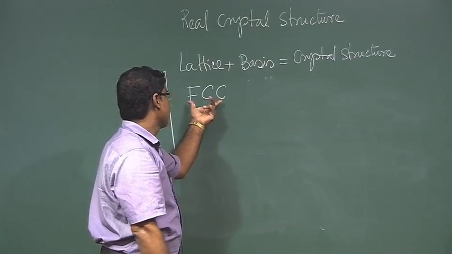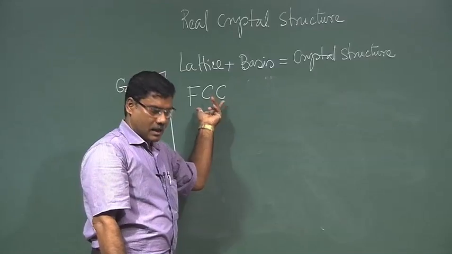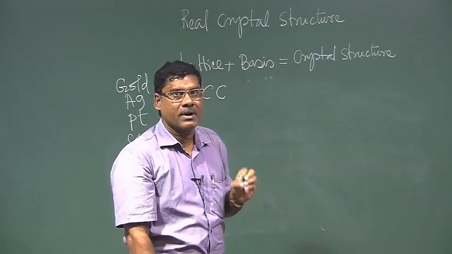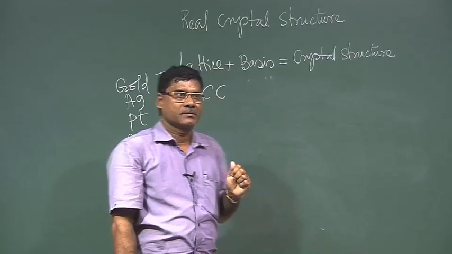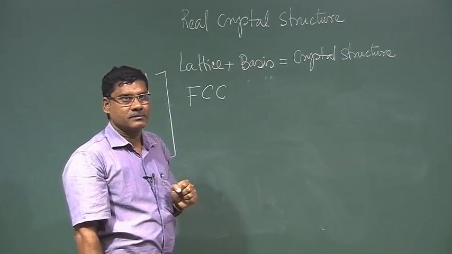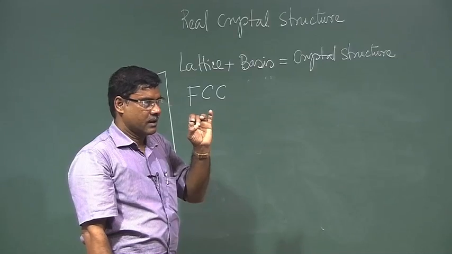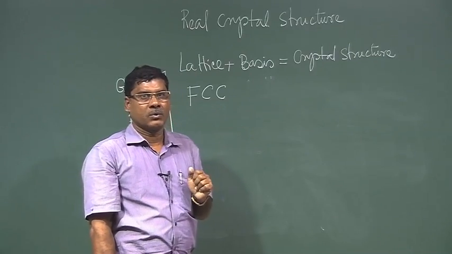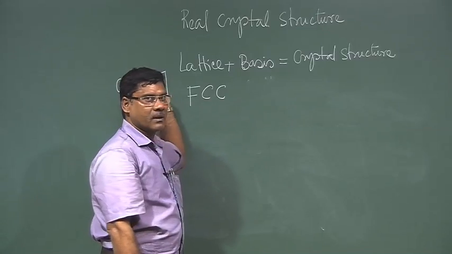So, if it is purely FCC, this atom can be put at the corner of the unit cell, or at each lattice point you can directly put the gold atom. Okay.